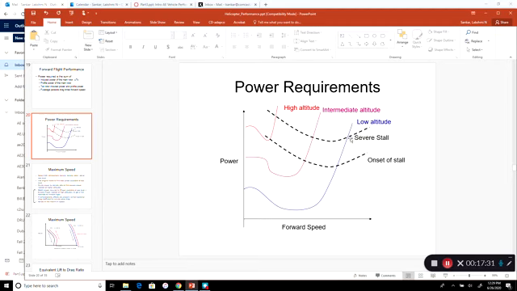If the rotor is severely stalling, vibrations set in, fatigue life is decreasing, so they may not let you fly faster than this speed. So there may be other limitations on forward speed based on either the severe stall or even a light stall. Okay, so the operators may be limited in how fast they can fly, not because power is not there. There's plenty of power, but the rotor is beginning to stall.